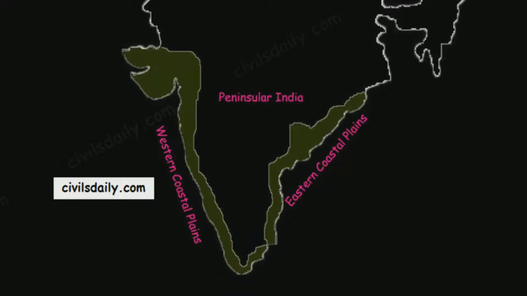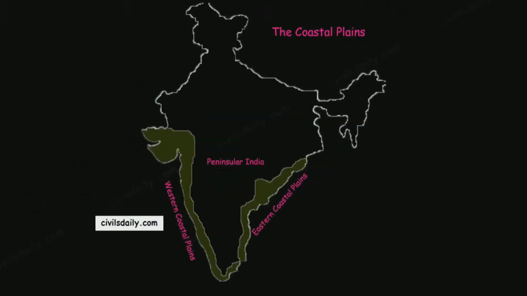On the west side of this map, you are seeing the western coastal plain, near the Arabian Sea, and on the east side, near the Bay of Bengal, you are seeing the eastern coastal plain. Dear student, these are the two parts of coastal plains.